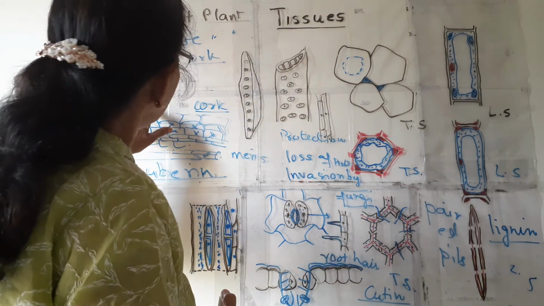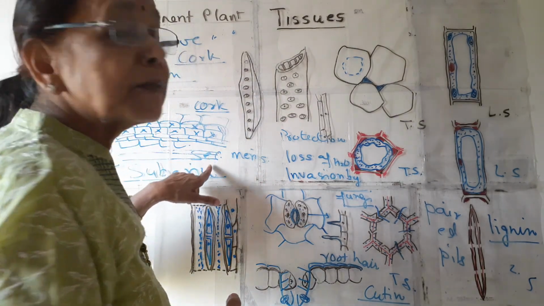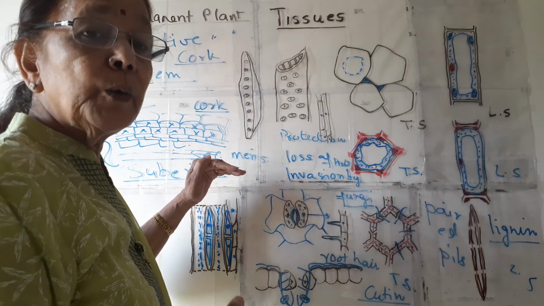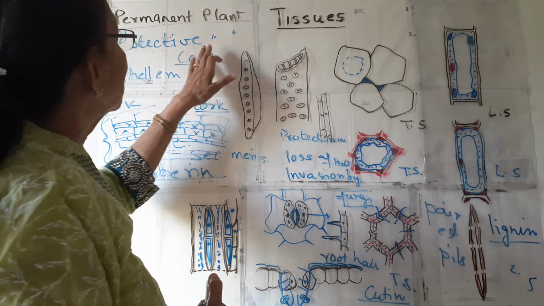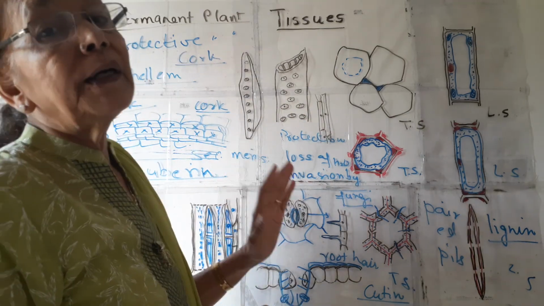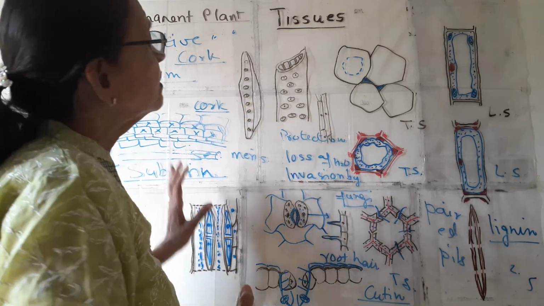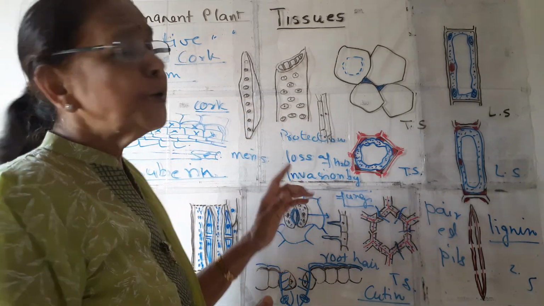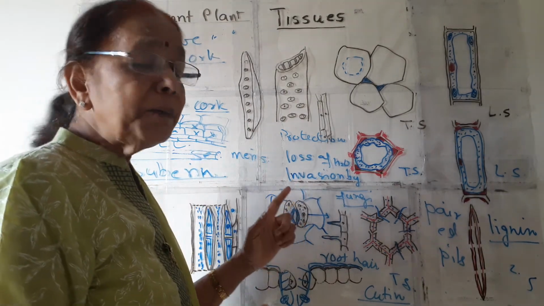Bark is nothing but cork cells plus the cells of the lower region, including the secondary phloem. So cork is also a protective covering on the old trees or plants. In this way, this is a permanent tissue, simple permanent and protective permanent tissue.